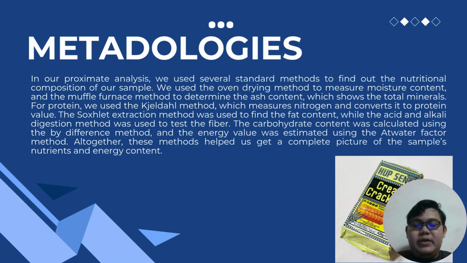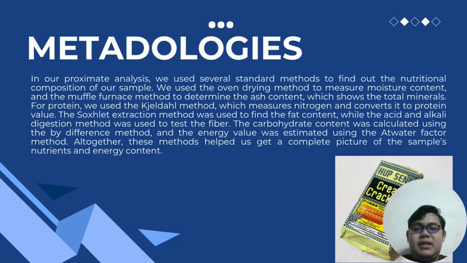Knowing these nutrients helps us understand the food's nutritional value and quality. For example, moisture affects shelf life. Minerals are essential for health. Protein and fat provide energy and structure. Fiber aids digestion. And carbohydrate supplies fuel for our body.